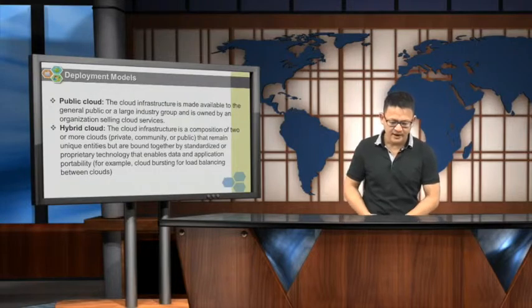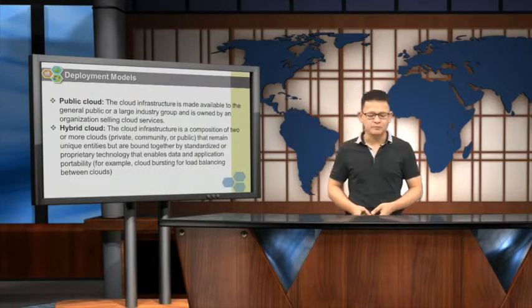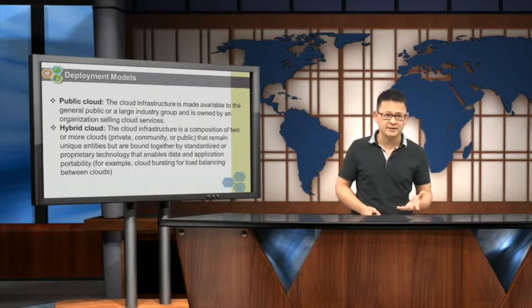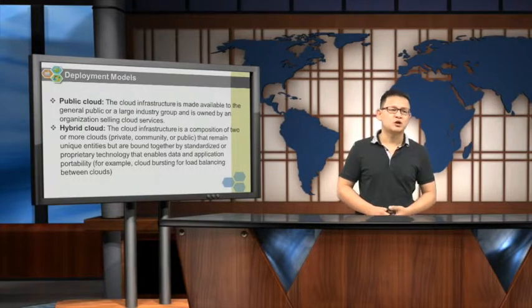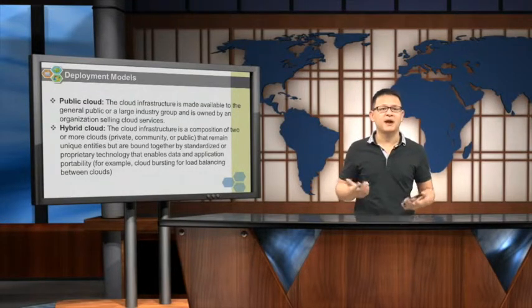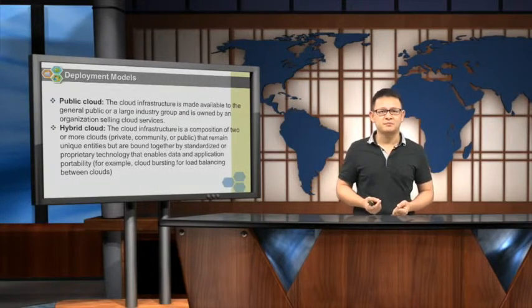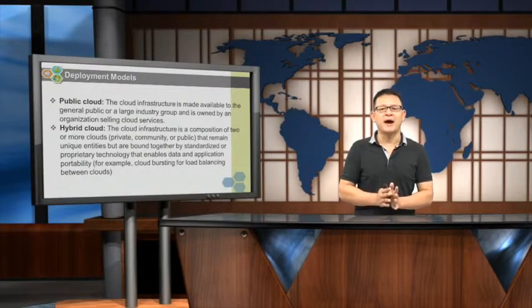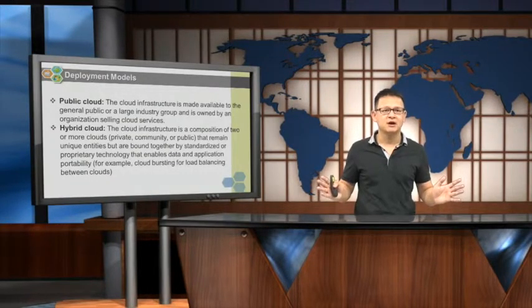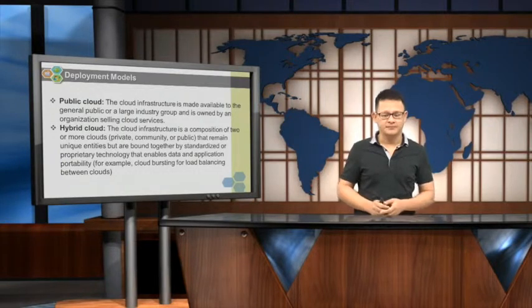And we also have the public cloud. Based on the definition of the public cloud, you can see that with a public cloud deployment model, the cloud infrastructure is made available to the general public, and it can be used by a large number of users or organizations.